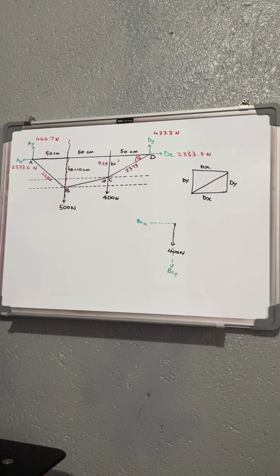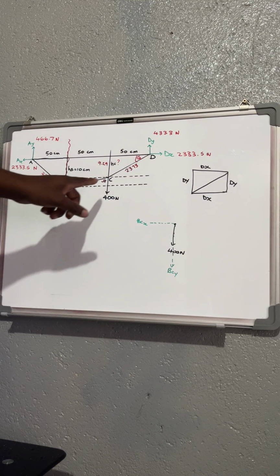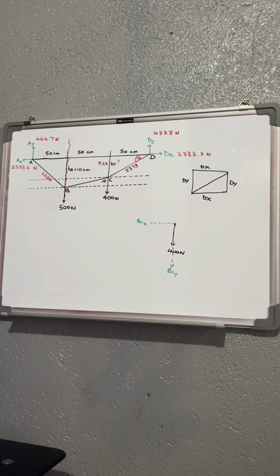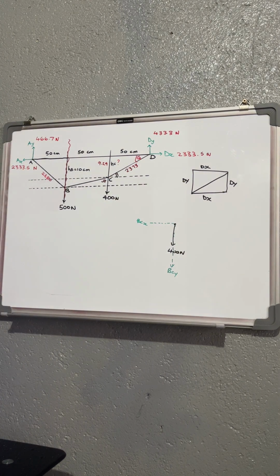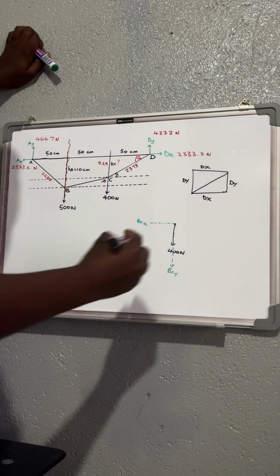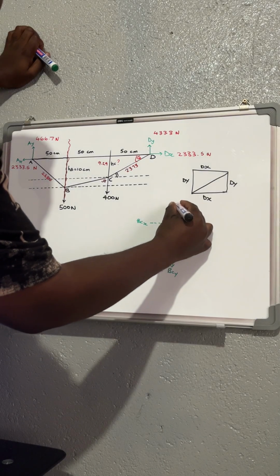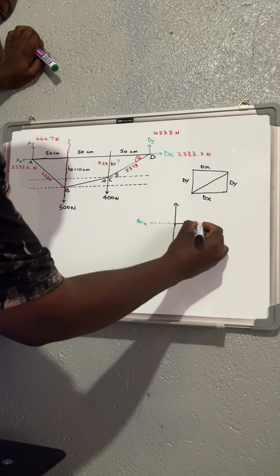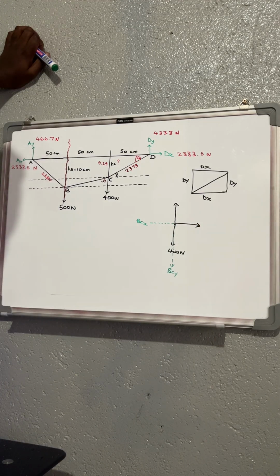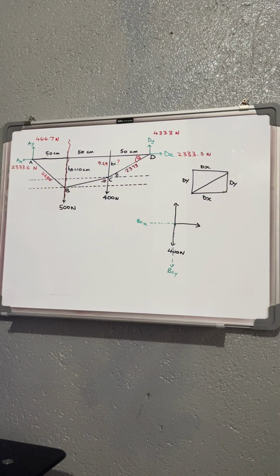But on this one, I said our CD, we can also take its component rather than having to work with this one, because we would have to determine this angle and still work backwards. So the safest way is to take this force that is going up, which is going to be that dy, and also take this one that is going that side, which is going to be that dx. But this we already found.